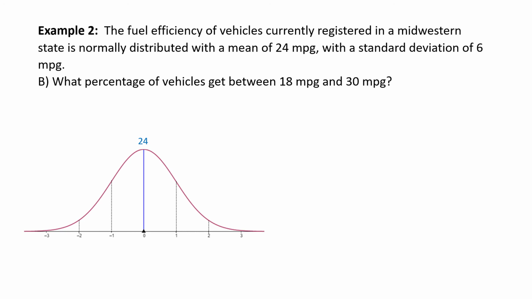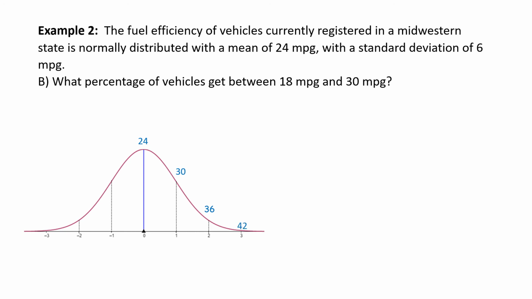And then let's find the actual values that correspond to 1 standard deviation above the mean, which would be 24 plus 6, or 30. We'll continue to 2 standard deviations above, so add another standard deviation to the 30, which would be 36, and repeating in like manner, 3 standard deviations above would be 42.